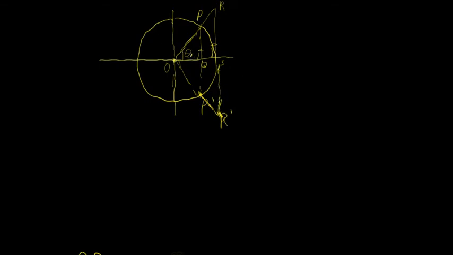So I'll call this theta 1 and theta 2, where theta 2 is just equal to negative theta 1. So if theta is negative, then you're dealing with identical right triangles here, but just reflected over the x-axis, and a sector that's identical but reflected over the x-axis.